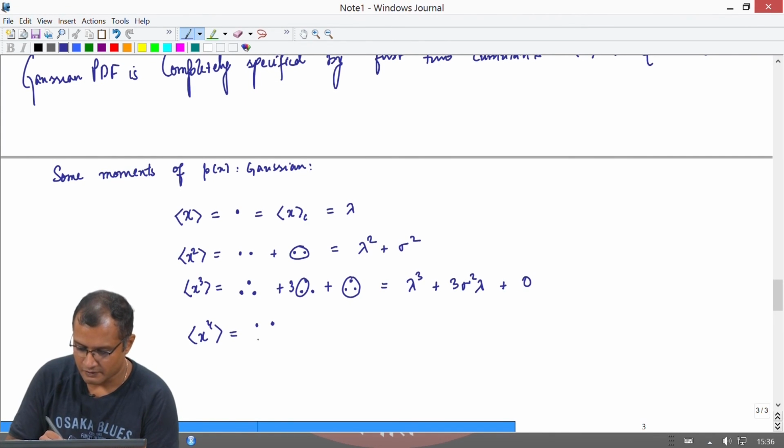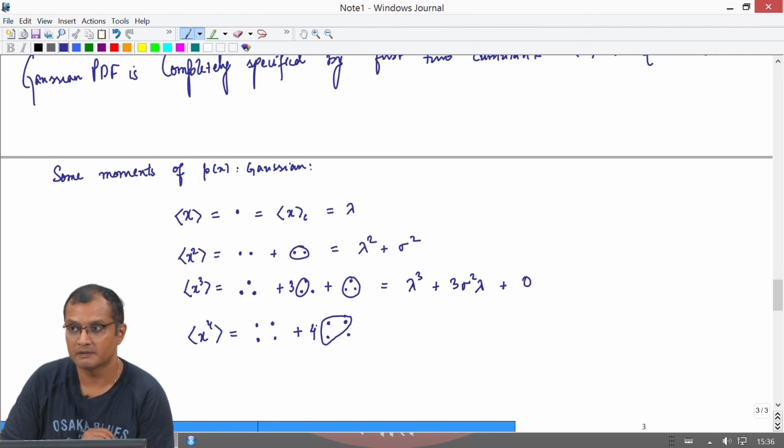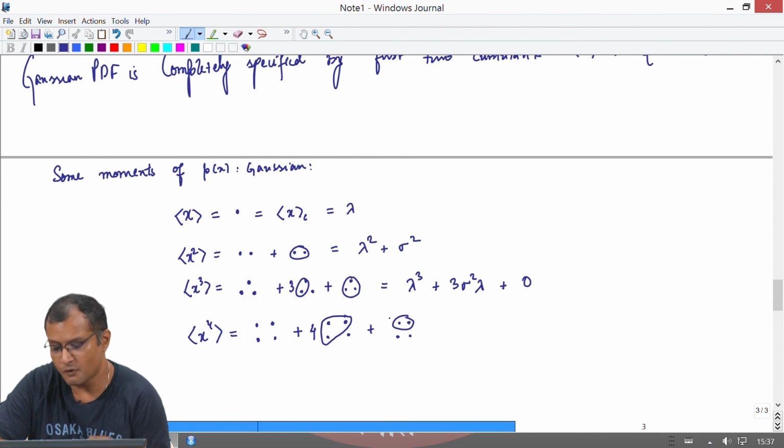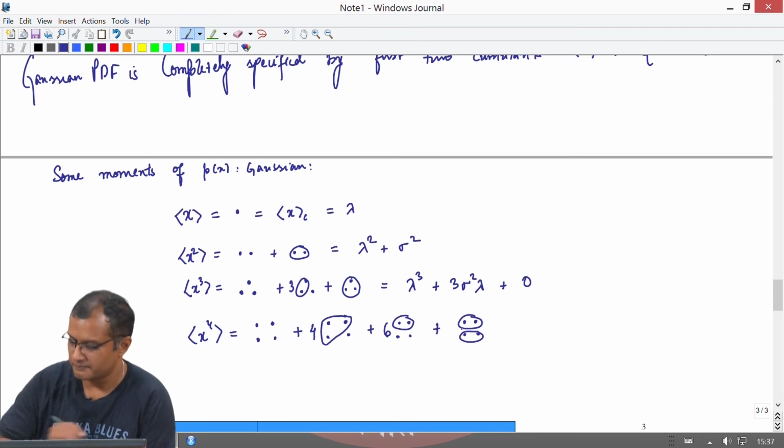Similarly, you can compute the fourth moment as 4 dots, all of them open, plus connect 3 of them. There are 4 ways of doing it, plus connect 2 of them and leave the other 2 open. There are 4C2 ways of doing it, which is 6, plus connect 2 of them and the other 2 of them.